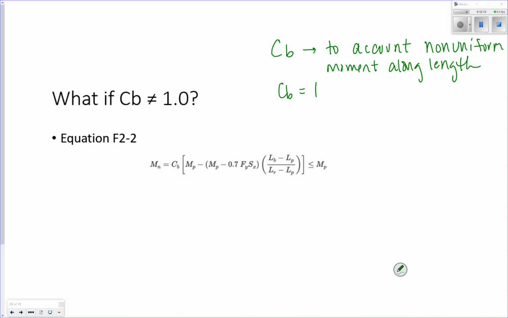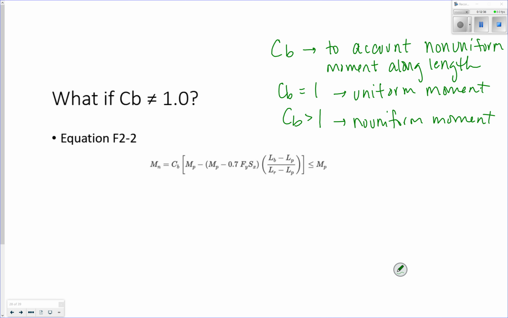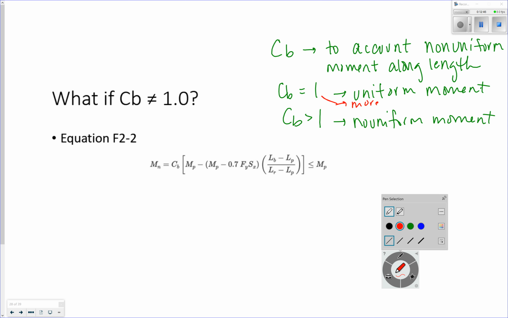If I have Cb equal to 1, then it's a uniform moment. Cb greater than 1 is for a non-uniform moment, and Cb equal to 1 is actually right, more conservative.